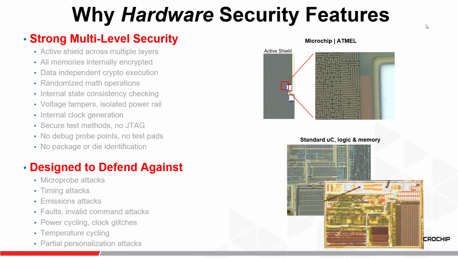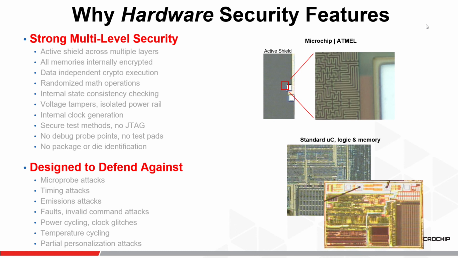Hardware security devices are incredibly difficult to do that with for a number of reasons. They have active shields across multiple layers. All memories are internally encrypted. So even if they were able to get past the shields and get to the cells, the information stored in those cells is encrypted. We have data-independent crypto execution. It means that when you're very close to a key, sometimes algorithms will resolve very quickly.